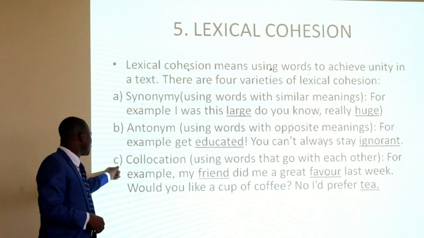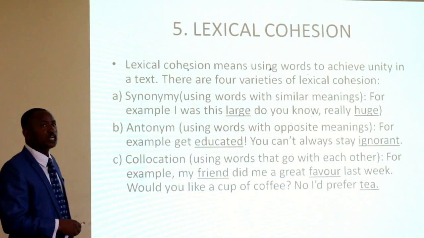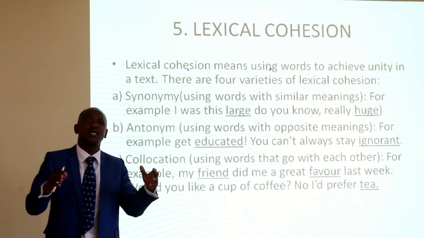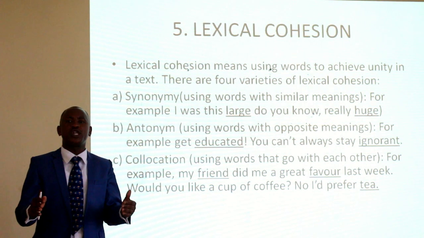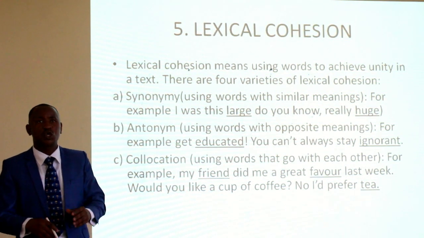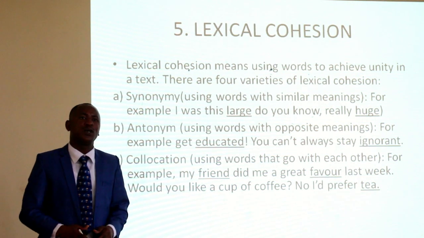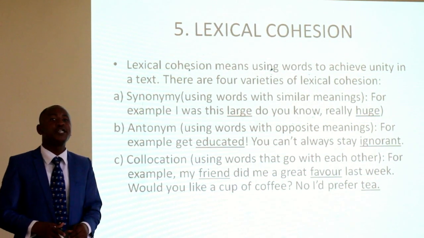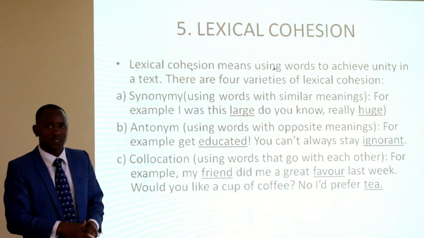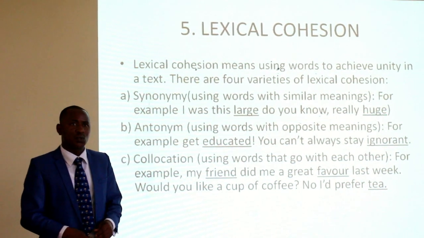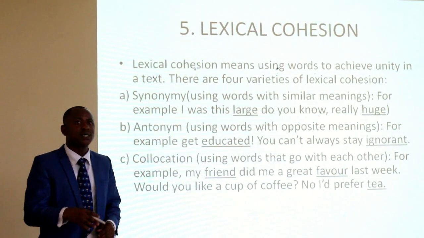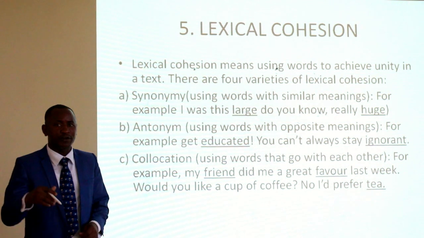The third is collocation. Collocation simply means using words that go with each other. For example, my friend did me a great favor last week. Would you like a cup of coffee? No, I'd prefer tea.